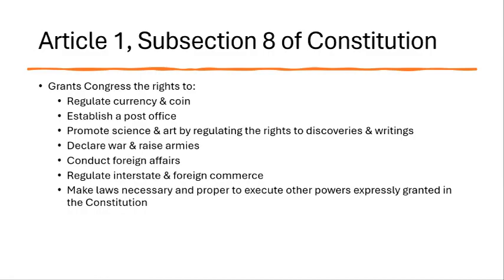So I will tell you right now, there's a question asking about Article 1, Section 8 of the Constitution that states what powers Congress gets from the Constitution. And remember, these are the big things.